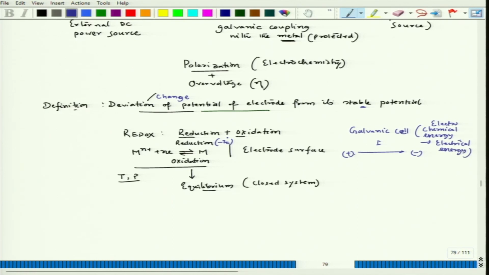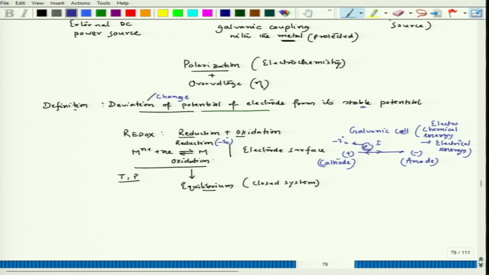There, the positive terminal is the cathode and the negative terminal is the anode. The current flows through the conductor from positive to negative. Now, when it flows, the electron flows this way. So, this electron flow can be assigned to a current flow which is nothing but IC, and since IC is flowing against the line current, we are putting a negative sign.